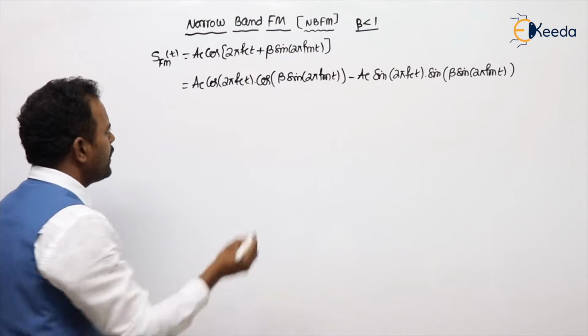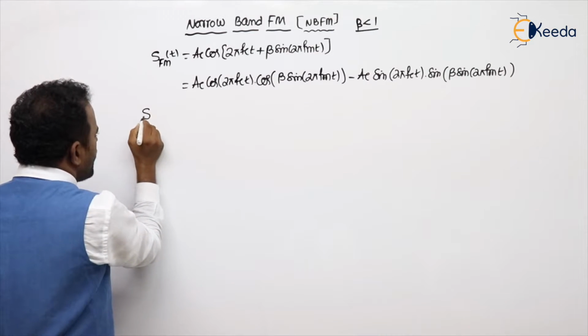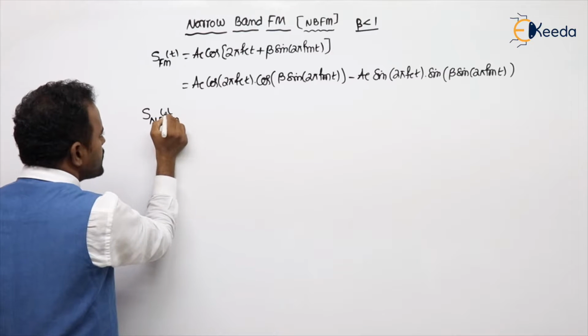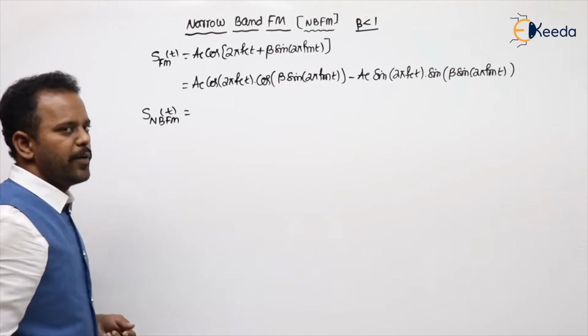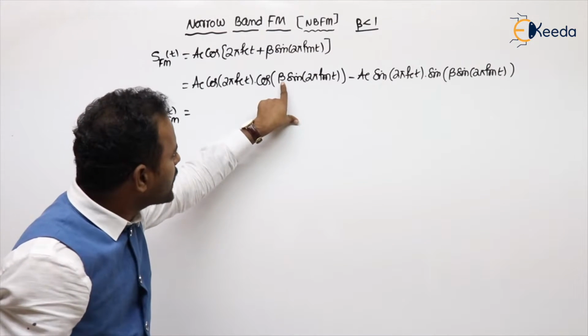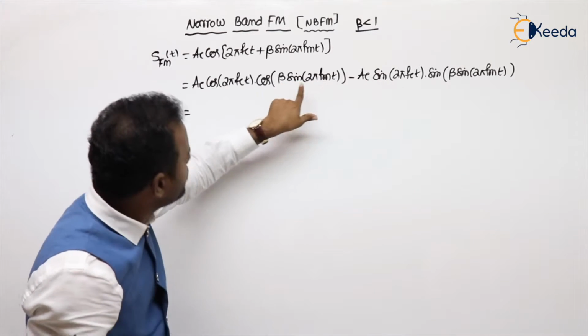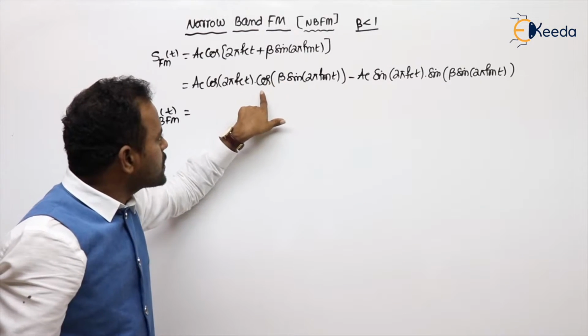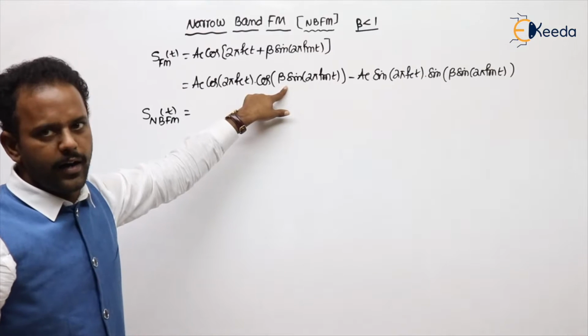Now I am using the beta value less than 1, which makes it narrow band. Follow, beta is less than 1. Of course, the max value of beta sin 2 pi FM t is beta, and since beta is less than 1, the angle is small.